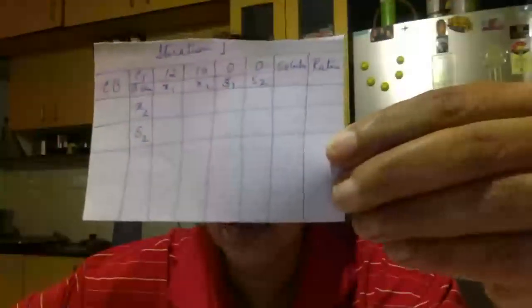What is the coefficient of x2 in the objective function? Here Cj is 16. So in the CB column against x2 I put 16, and S2 naturally it is 0.